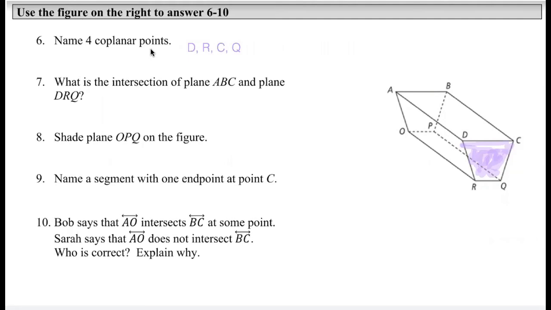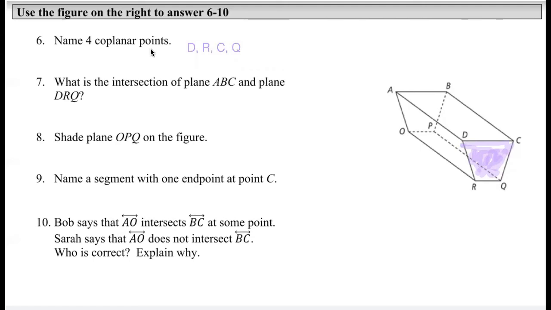Number 7. What is the intersection of plane ABC and plane DRQ? Before we can determine where these planes intersect or cross or touch each other, we need to make sure we can clearly identify what planes they're talking about.